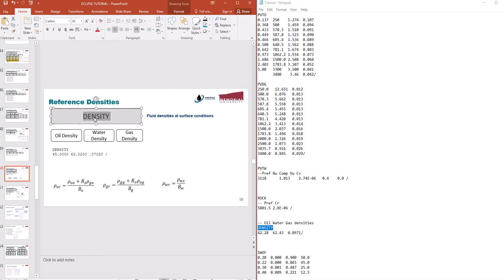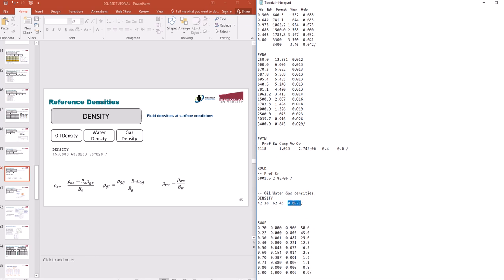The DENSITY keyword takes three items. The first item is the oil density, the second item is the water density, and the third item is the gas density, and all these are at the standard condition. And why is it important?